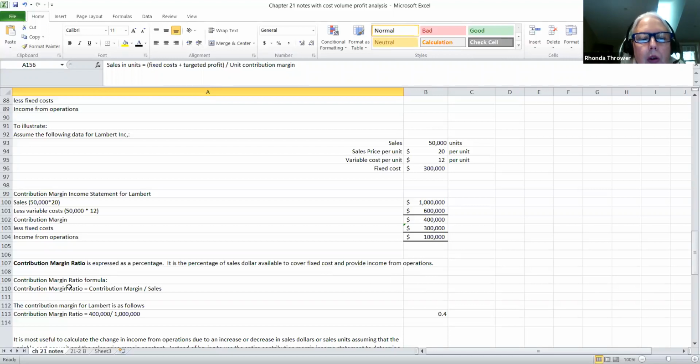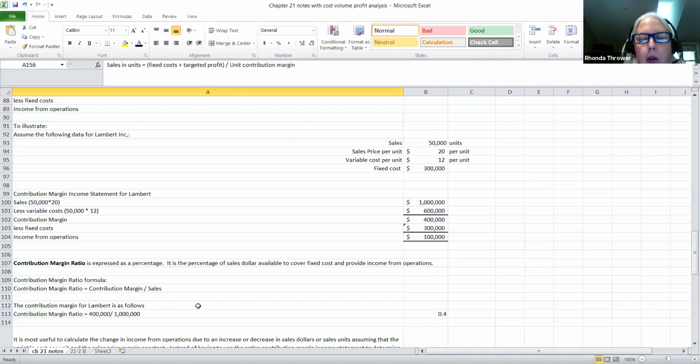So the contribution margin ratio formula is this. The contribution margin ratio is equal to the contribution margin in dollars divided by the sales in dollars. So the contribution margin in dollars is 400,000; I took that right off of the income statement here.